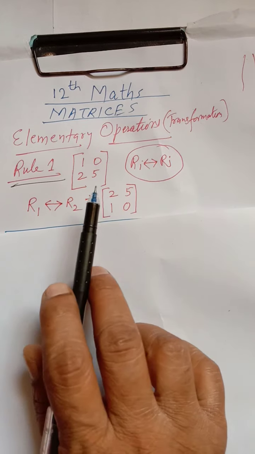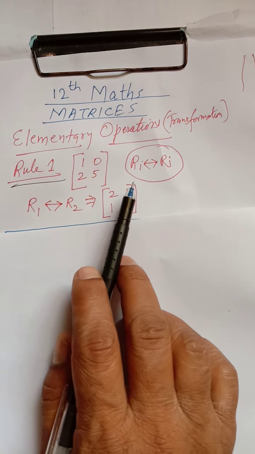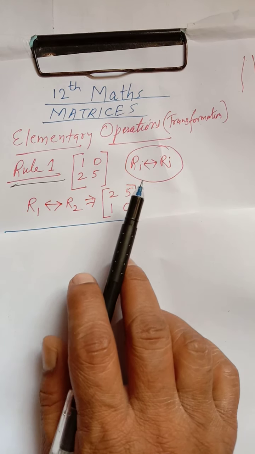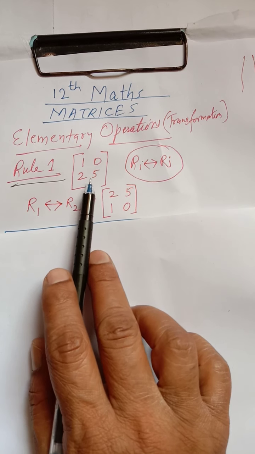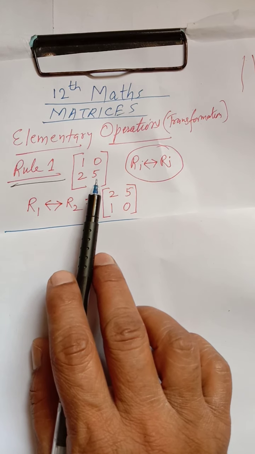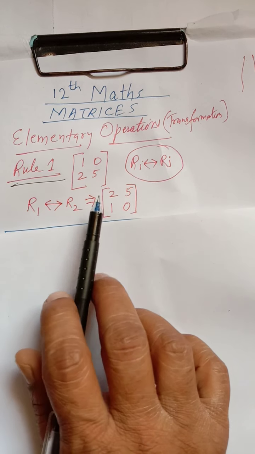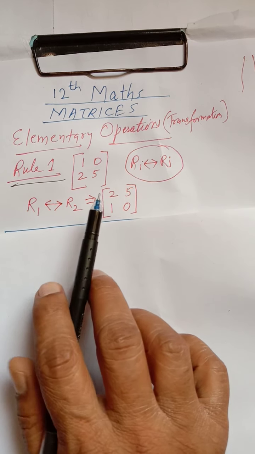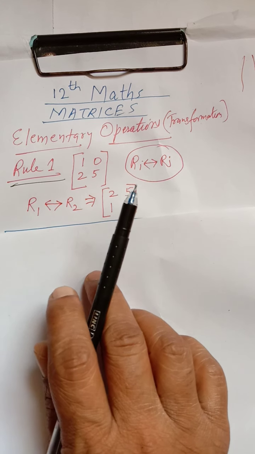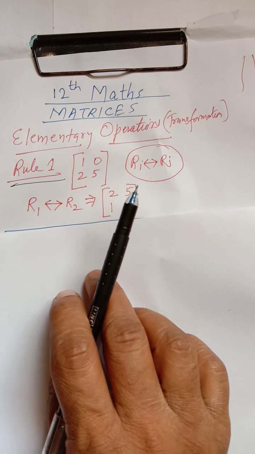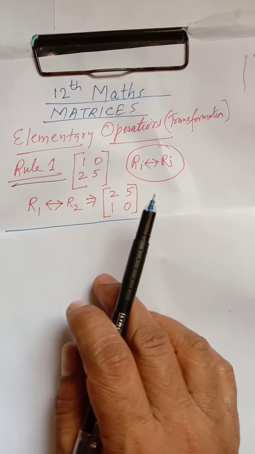You can take any two rows and interchange them. Here we have taken a 2 cross 2 matrix. If you take a 3 cross 3 matrix, you will have more options. You can interchange R1 with R2, R1 with R3, R2 with R3, like that.